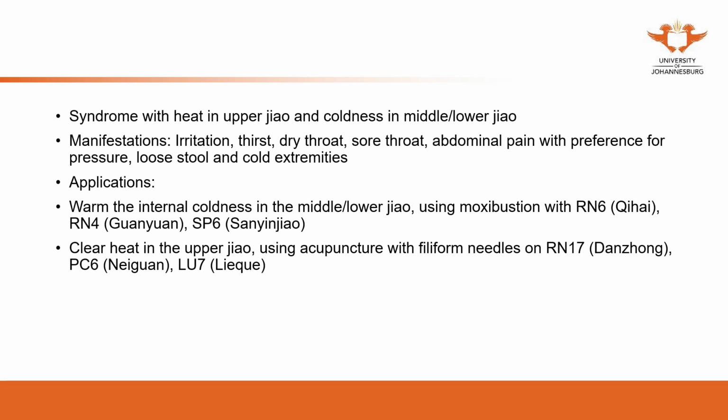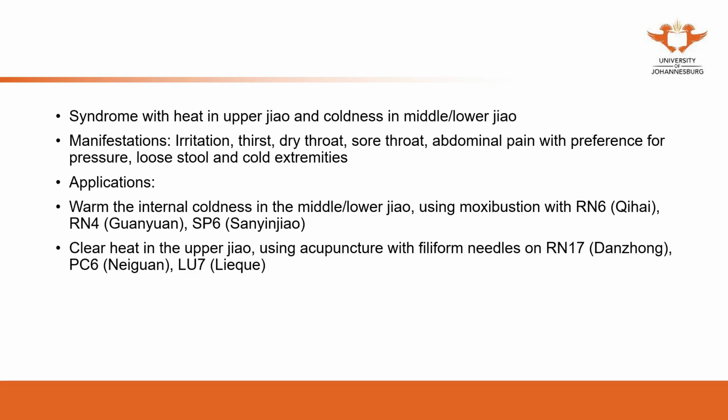Another patient suffers from heat in the upper jaw and coldness in the lower jaw, for example, irritation, thirst, dry throat, sore throat, or runny nose, sneezing, red tongue with thin yellow coating, abdominal pain with preference for pressure, loose stool, or even diarrhea, cold extremities.